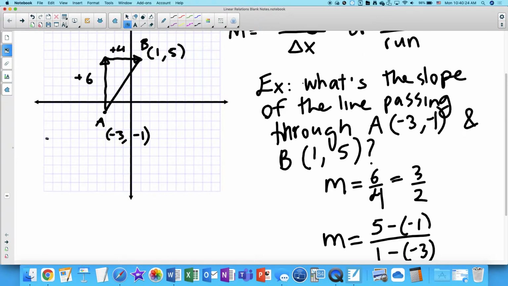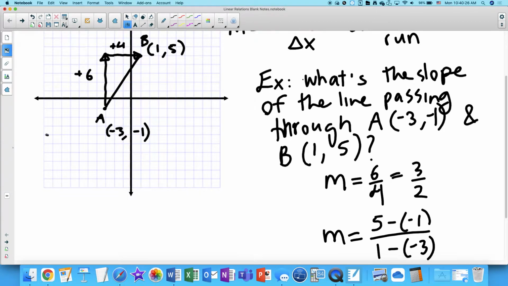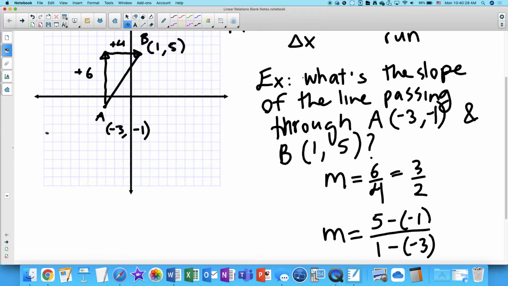Now, in general, if you have 2 points, we can call the first point x1, y1. The subscript 1 means that this is the first point that we're looking at. And we can call this one x2, y2. And that means, in general, to get slope, well, we went 5 minus -1.